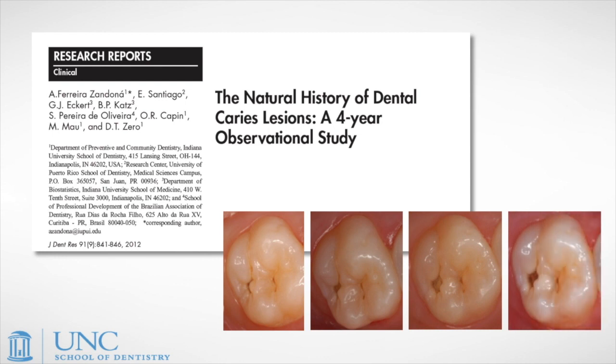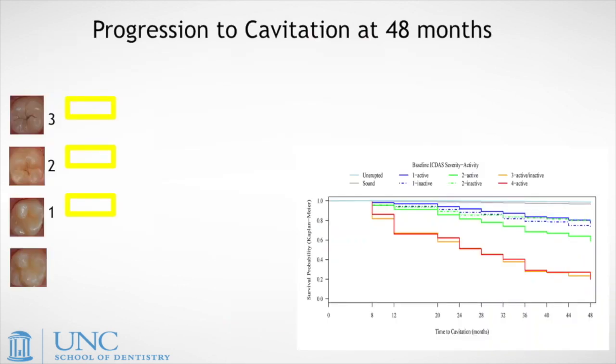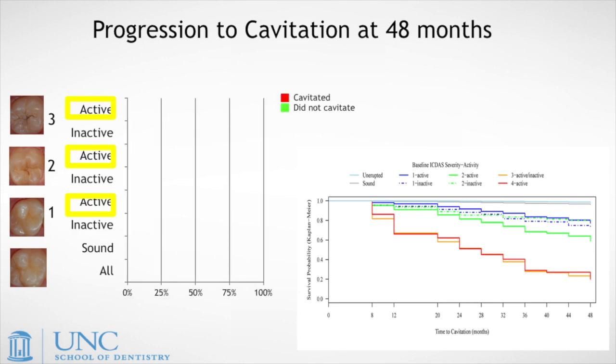And what we did find is that depending on what you found in the early stages, the progression would be more prevalent than not. But our ability to determine if it was active or inactive, the lesions that we considered active or inactive that did not cavitate.